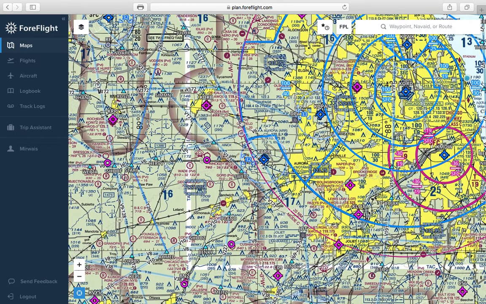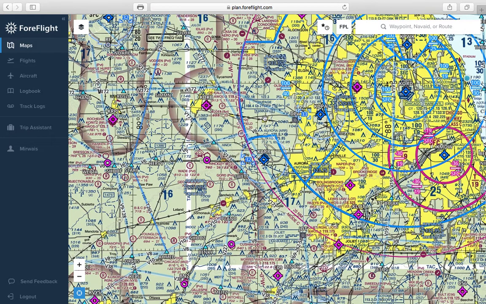So a Mode C transponder, anytime you're under this Bravo airspace or right around here, like the Aurora area, you are clear of Bravo, but you still need a Mode C transponder if you're flying around Aurora here, because you're under this Mode C veil.